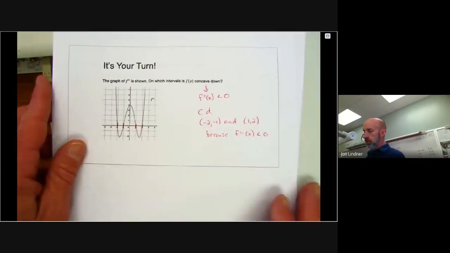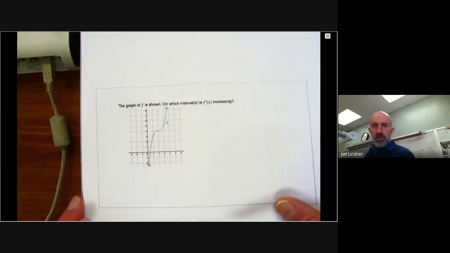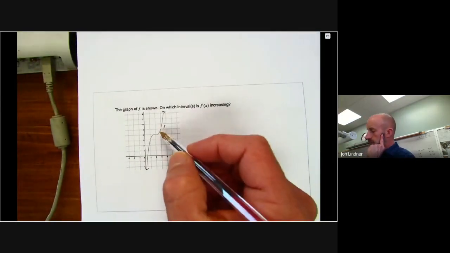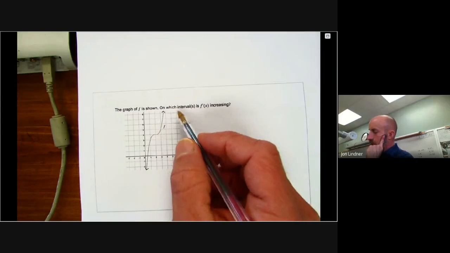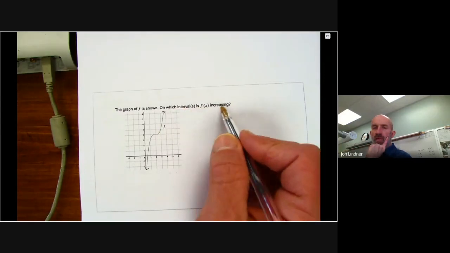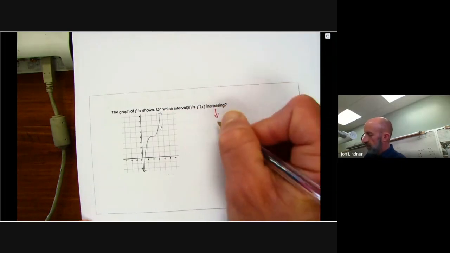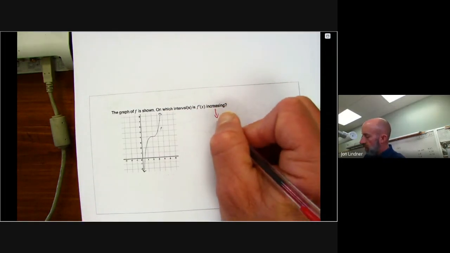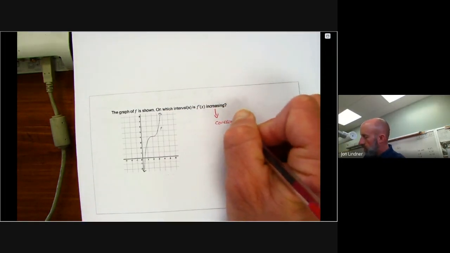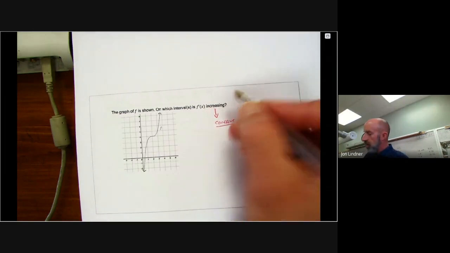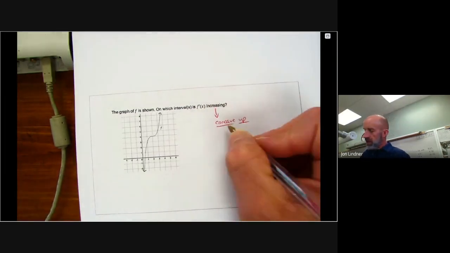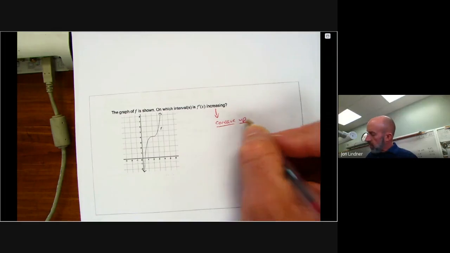One more problem here real quick to try to get you ready. This problem says the graph of the original function is shown. On which intervals is f prime of x increasing? Well, it's increasing when it is concave up. If the derivative is increasing, we know that it's concave up.